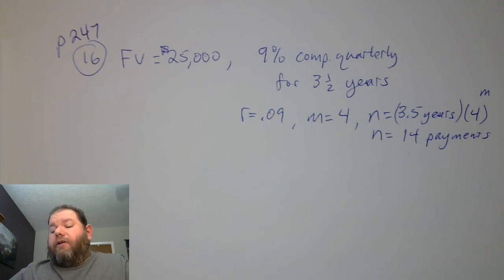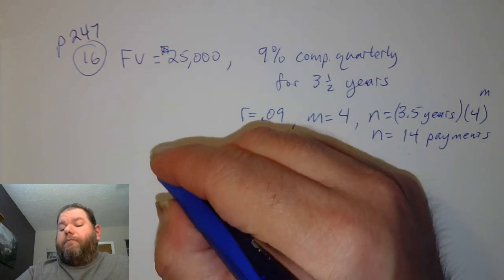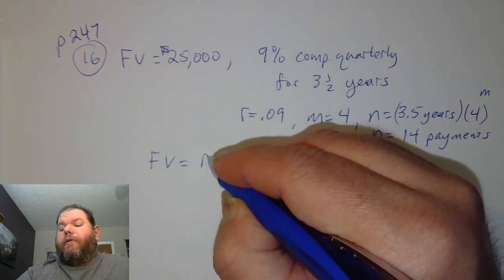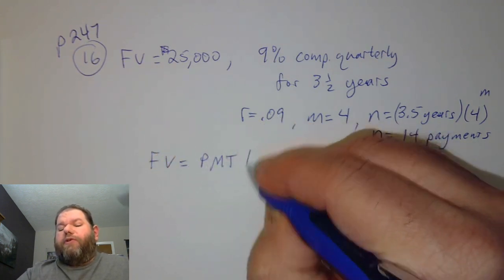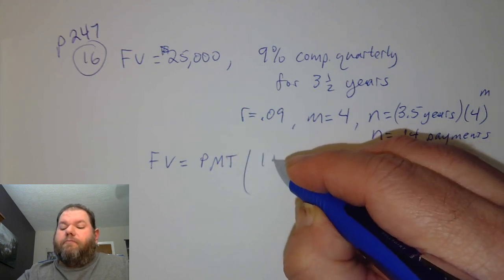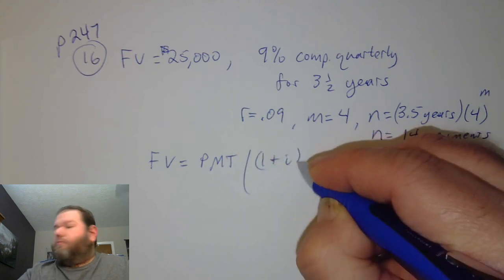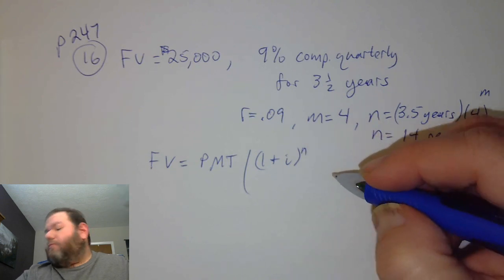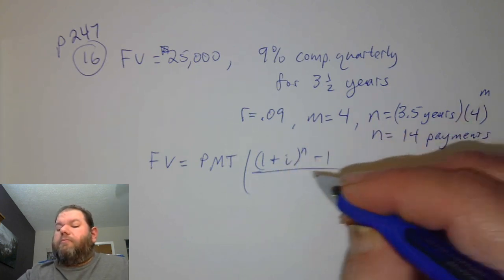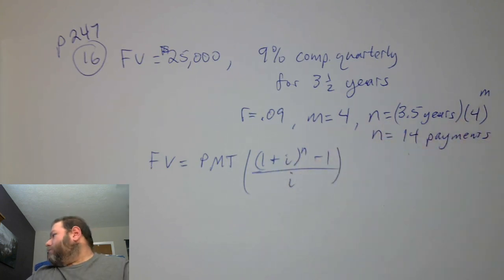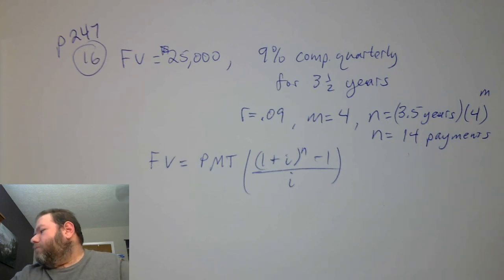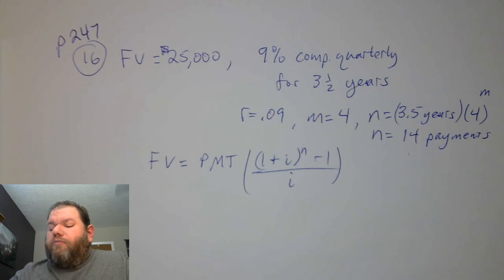And so the idea here is we're still using the same formula. What we do instead is we turn this formula around.